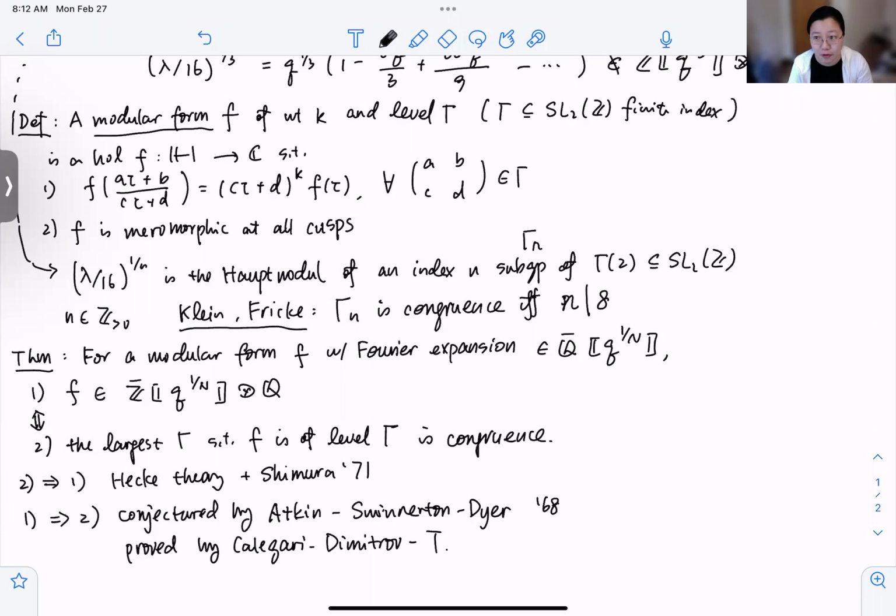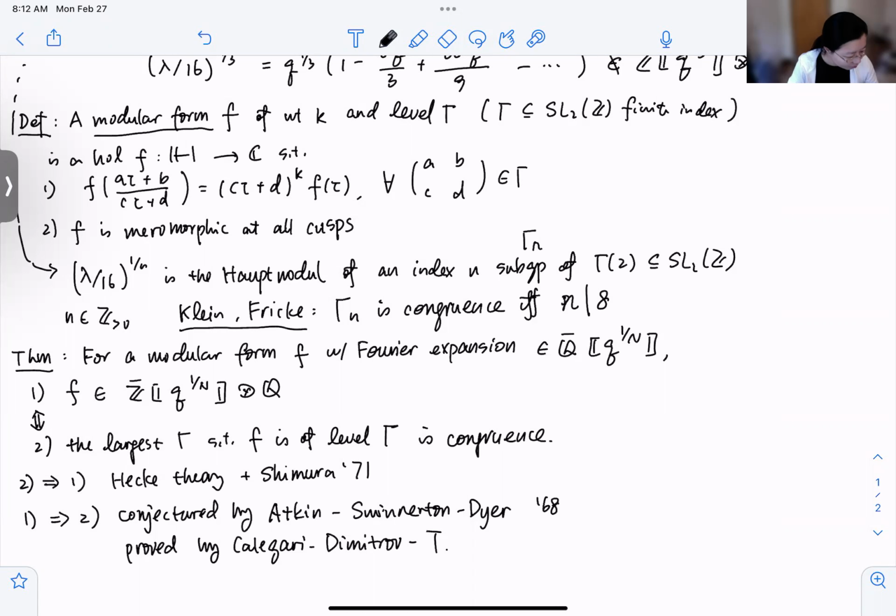And then modular forms are global sections of certain line bundles, which are also defined over Q-bar. That's why we can always find a Q-bar basis for modular forms, even though from the definition, they're just holomorphic functions.